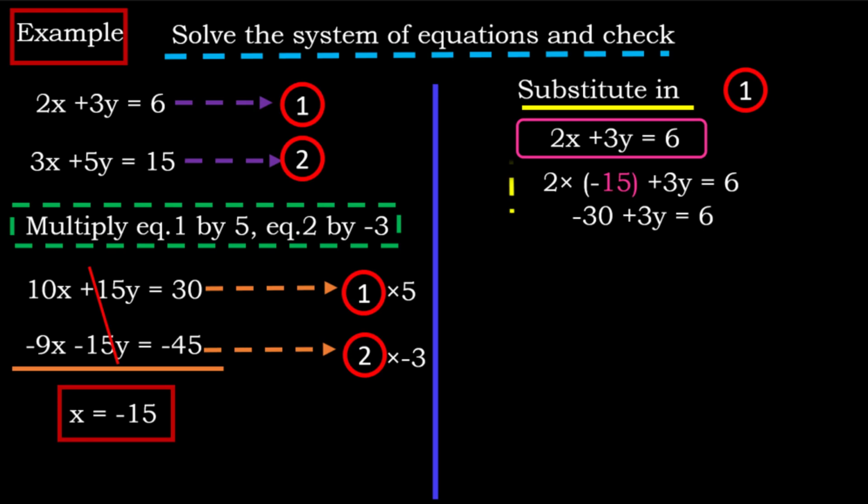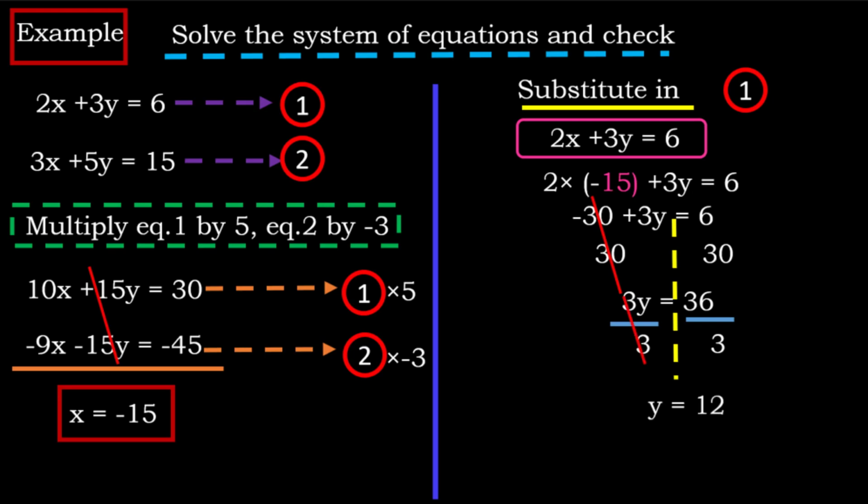Now solve for y. We will add 30 to both sides to cancel negative 30. We will get 3y equals 6 plus 30 equals 36, dividing by 3, we get y equals 12.